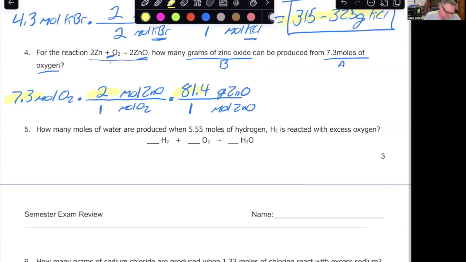It makes it much easier for me. So if you put that into a calculator, your answer is going to be within a range of 1,150 to 1,200 grams of zinc oxide.